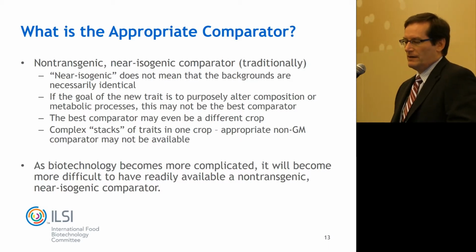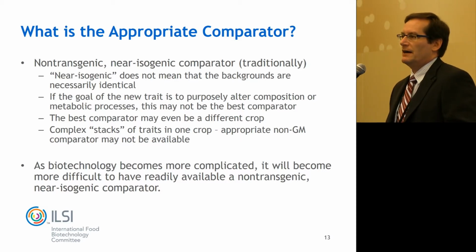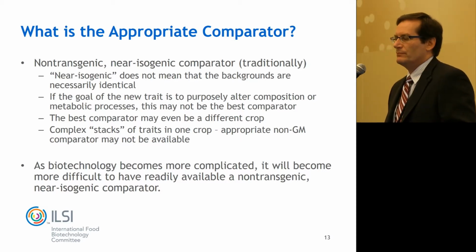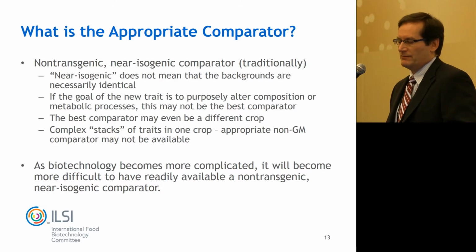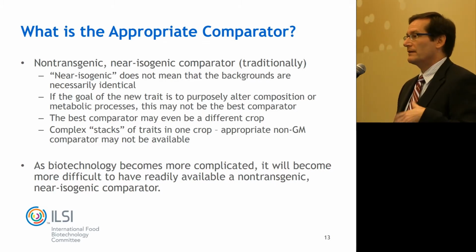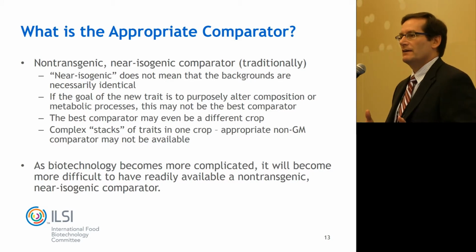So if the goal of the new trait is to purposely alter the composition, such as if we just use the example of modifying a particular fatty acid, maybe we're upping oleic acid or something, the profile no longer is the same as the crop. So the best comparator, for a safety assessment, may actually be a completely different crop.